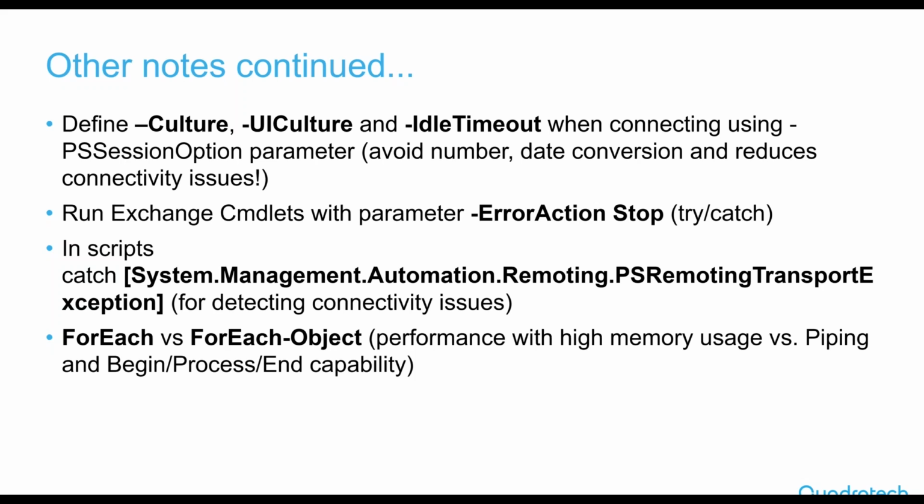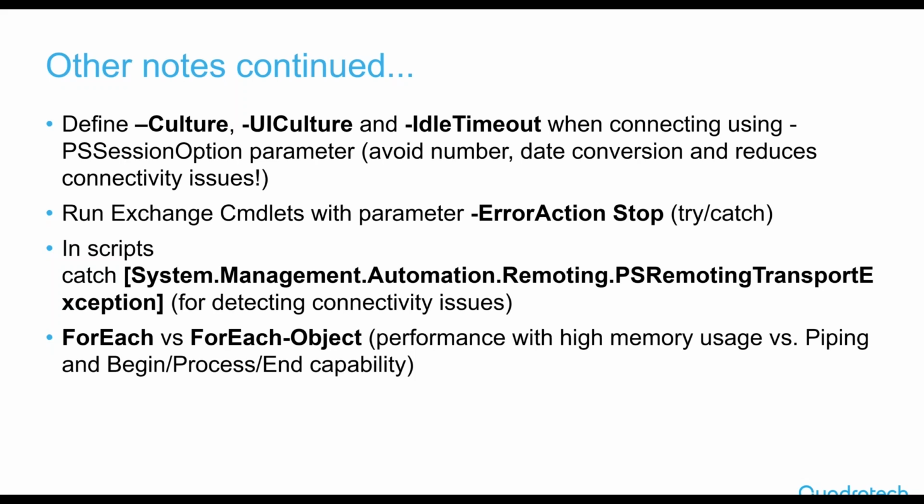Also, this is old knowledge actually, but for each versus for each object, there is a huge difference. For each object, as it says already in the name, really pipes or passes on the whole object. And with for each object, you can do piping, you can have the begin, process, and end capabilities.